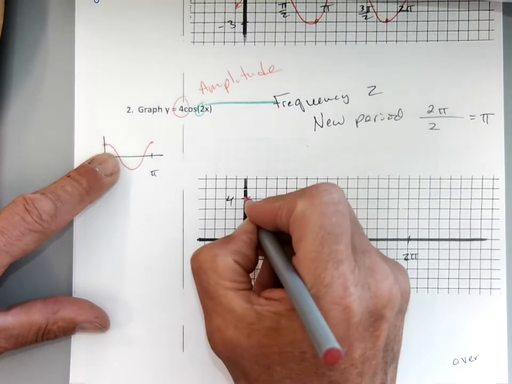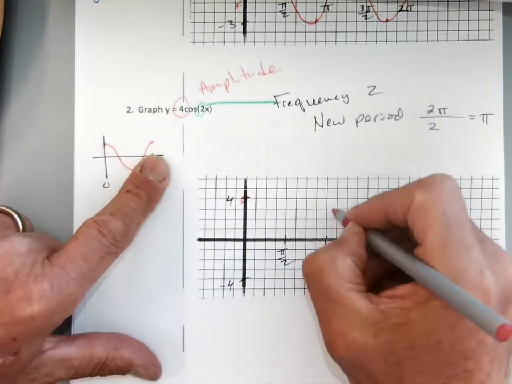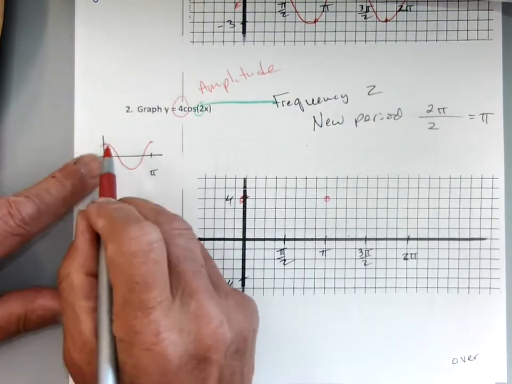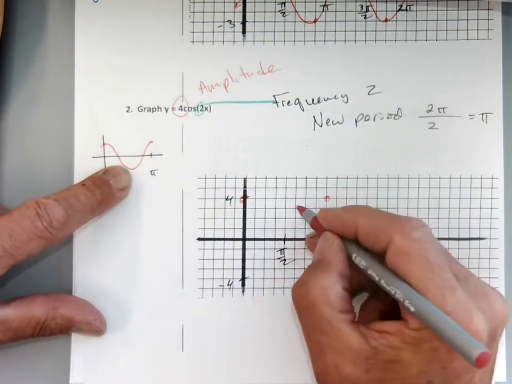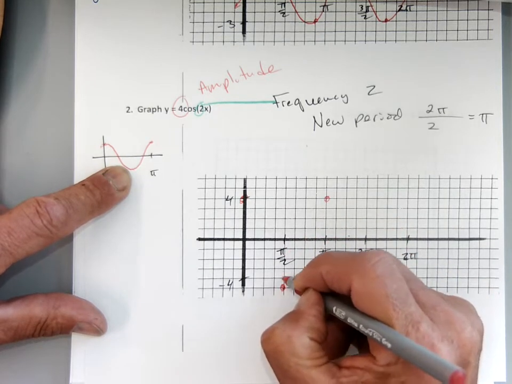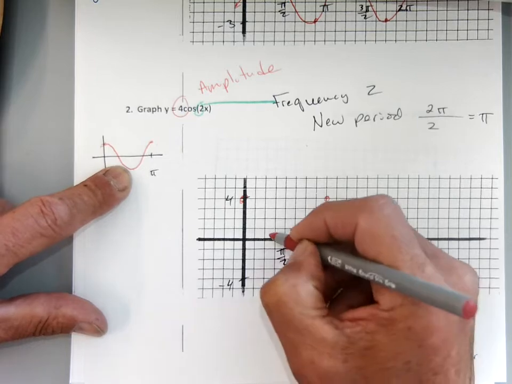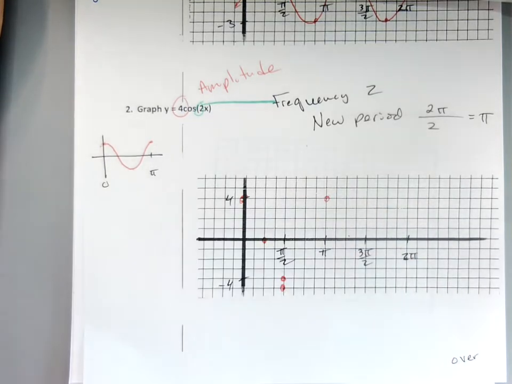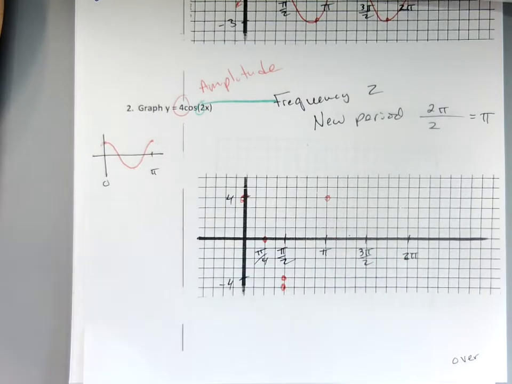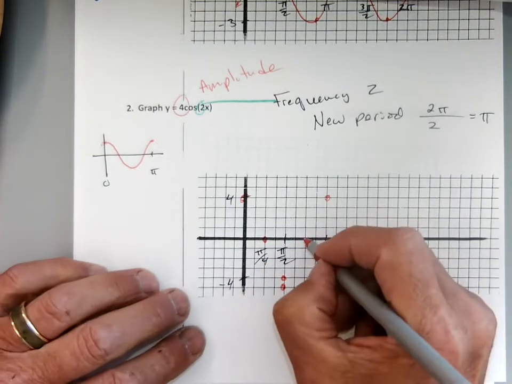So it starts up at 4 and it's going to end at 4. See what I'm doing? I put these 2 points, my important points, and then halfway through it's going to be down at -4. Oh, I missed that. I was off by 1. 1/4 of the way it goes through at pi fourths. It goes through, and then at 3 pi fourths it comes back up and through, okay?